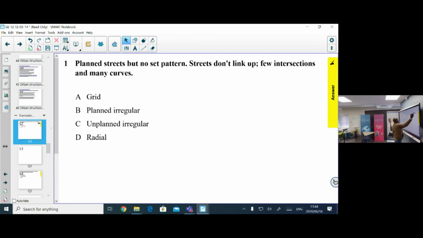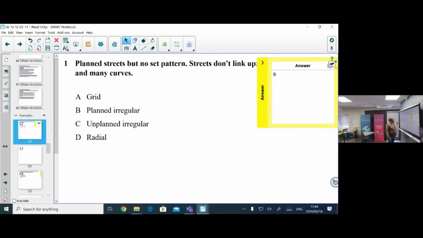For those who have attempted, we have got planned irregular. So this is planned irregular. That's the description here.